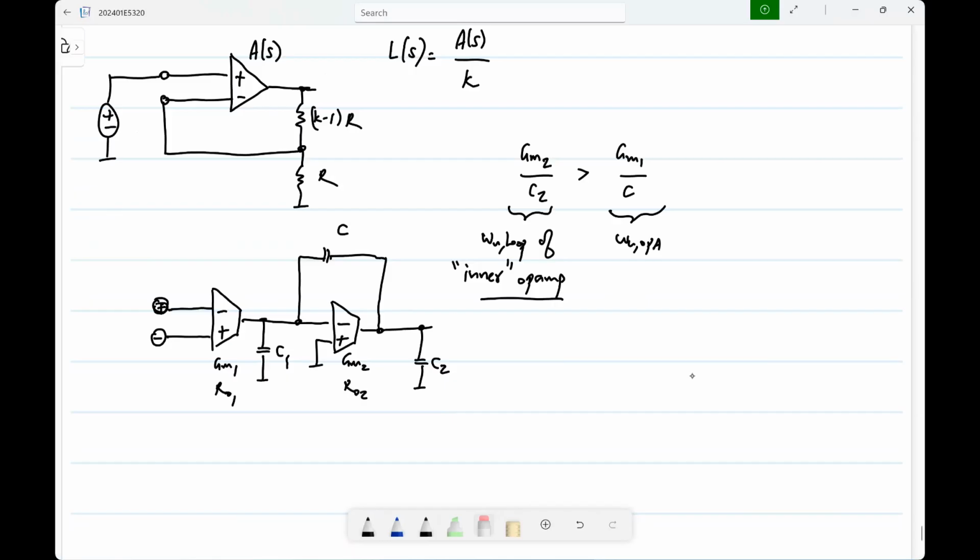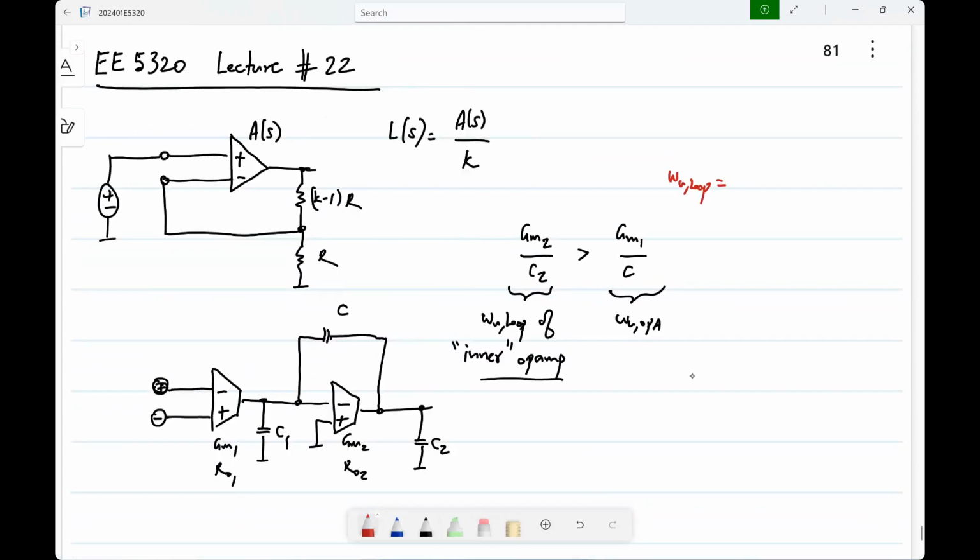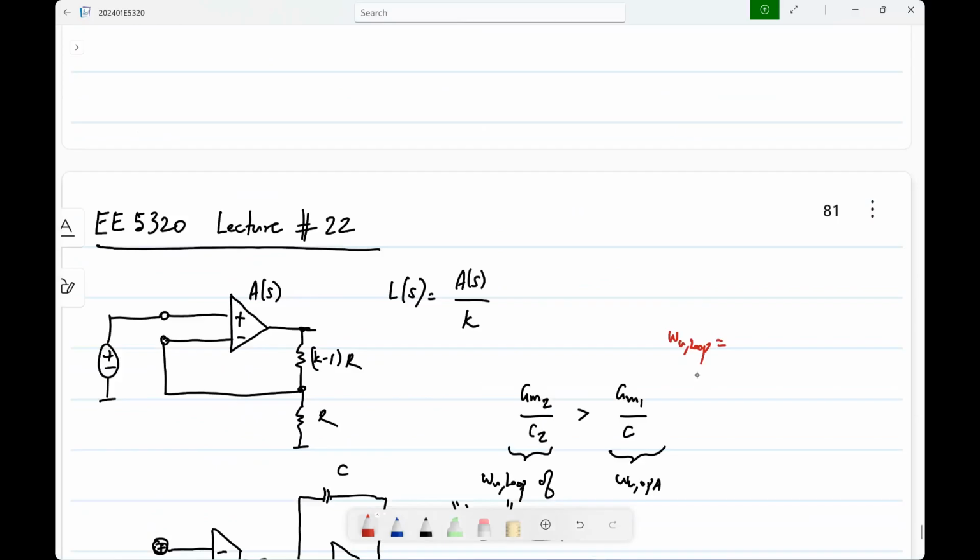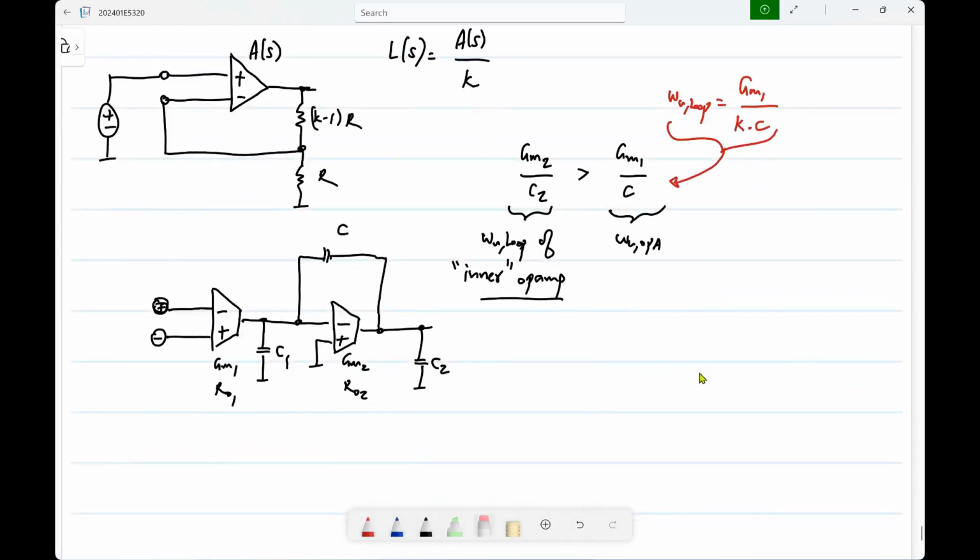Now, if we instead use the unity gain frequency of this feedback loop, it will be GM1 by K times C. So the unity loop gain frequency of the inner loop must be greater than this, right? This is something that you know in any dominant pole compensated system.